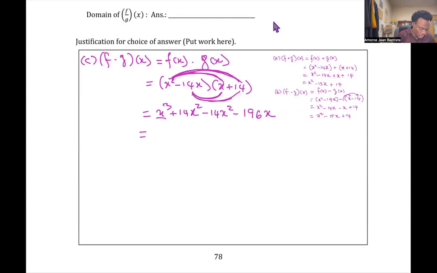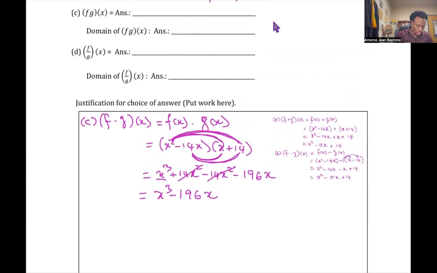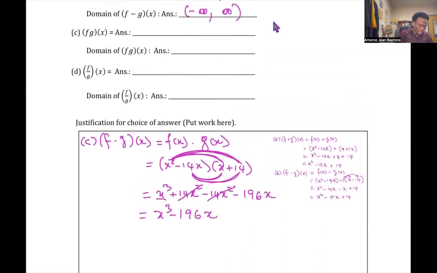And we got negative 14 times positive 14, that's negative 196x. So we have negative 14x squared, positive 14x squared, that's 0, x cubed, minus 196x. Okay? So that is x cubed minus 196x. And the domain, it's a polynomial function.